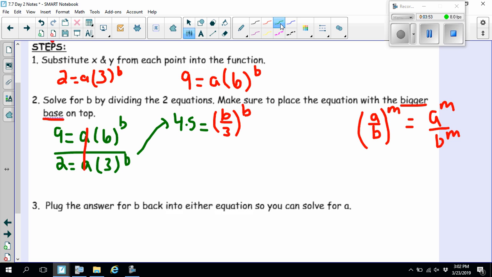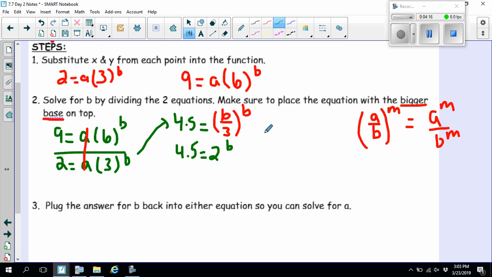Now that we have this, we can actually take what's inside the parentheses and divide it. So now we have 4.5 equals 2 to the b power, because we know 6 divided by 3 will give us 2. And then we keep the same exponent, which is in this case b. Now, what we're trying to do is get this b out of the exponent spot because we need to solve for it.